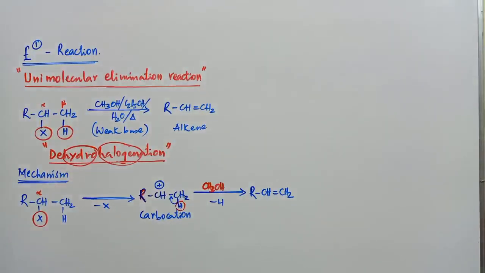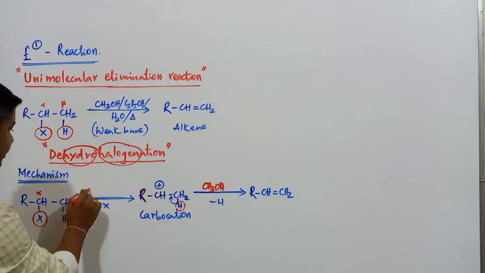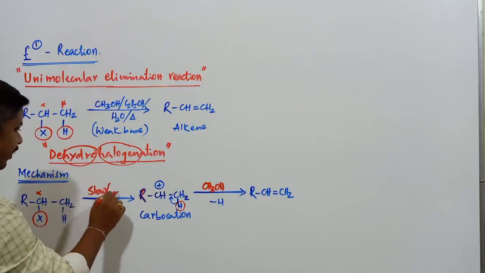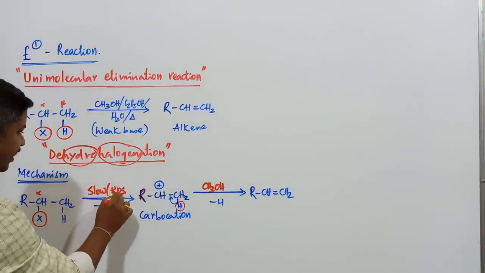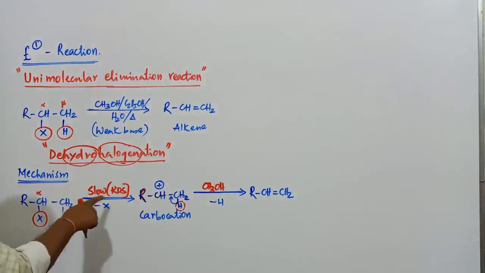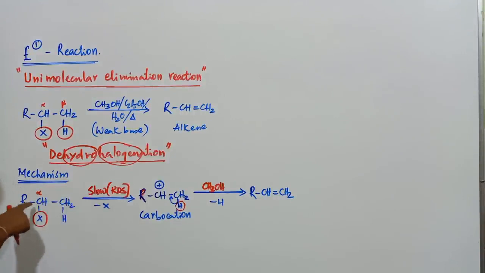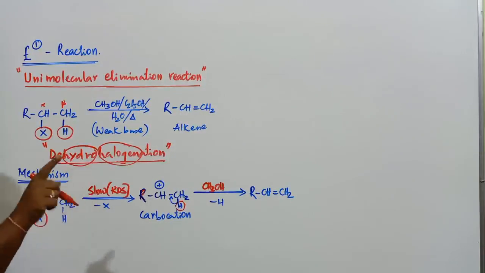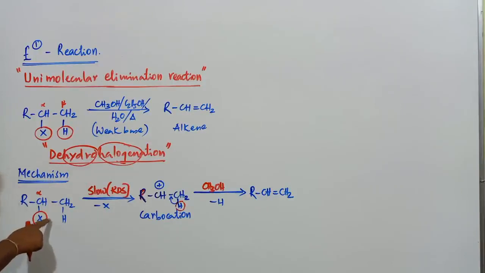Remember one thing very carefully here. The E1 reaction takes place in two steps. The first step is called the slow step, that is formation of the carbocation, which is referred to as the RDS. In the first step, when only elimination of halogen takes place, only the alkyl halide is involved. Hence, the rate of the reaction depends upon the concentration of the alkyl halide itself.